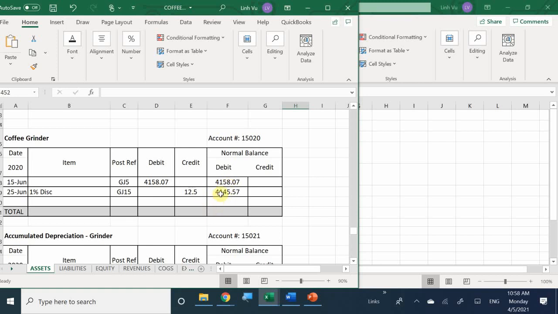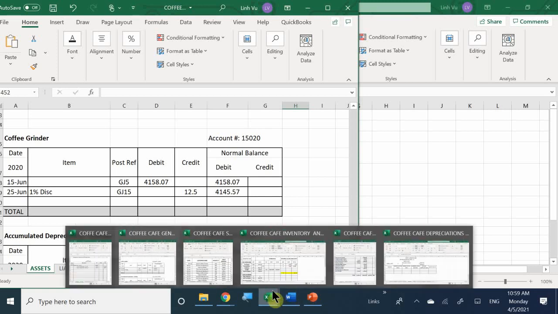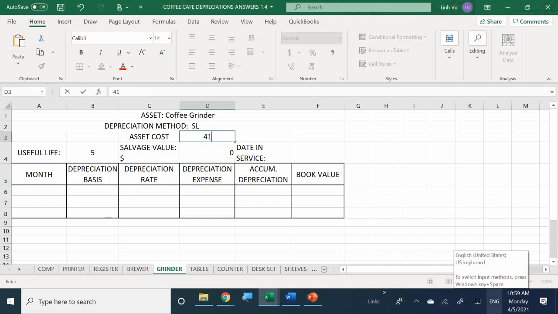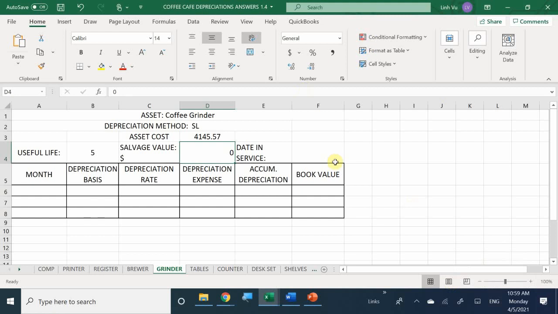Because we got a discount off of it, we actually only paid X amount of dollars for the coffee grinder itself. So 41, 45, 57. Okay, and the date that we placed into service was the 15th.